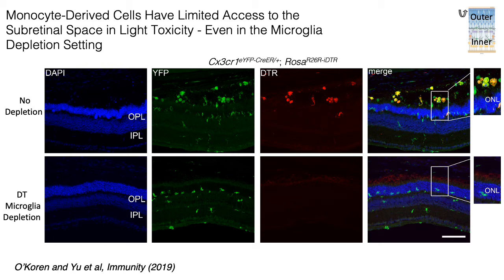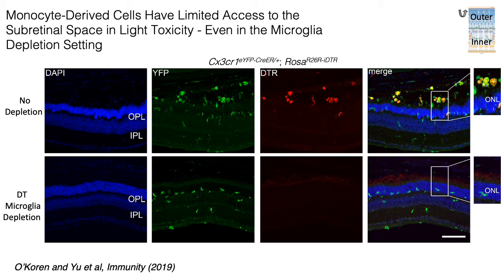Using a slightly modified lineage tracing system, which conditionally induces a diphtheria toxin receptor, which can be used for lineage tracing with immunolabeling or conditional depletion of microglia with DT, or diphtheria toxin exposure.